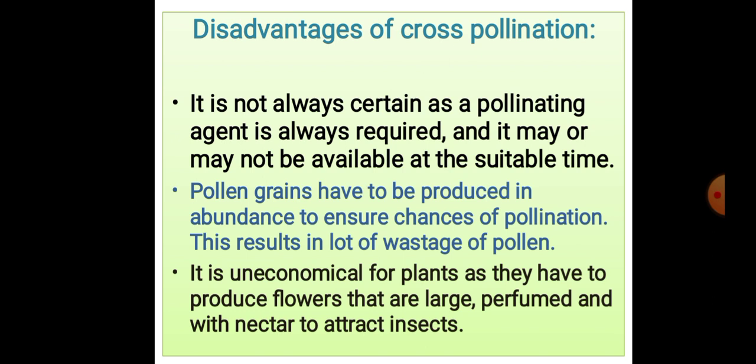Then, if the flowers are perfumed with nectar and large, only then can they attract insects. Otherwise, pollination is not possible. So these are all disadvantages which make cross pollination somewhat demerited.